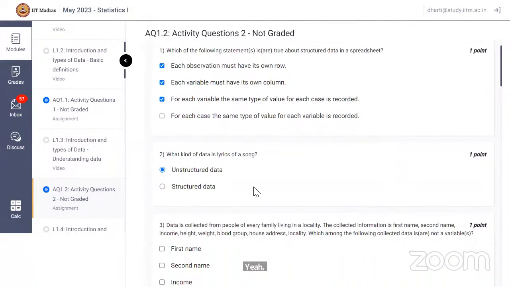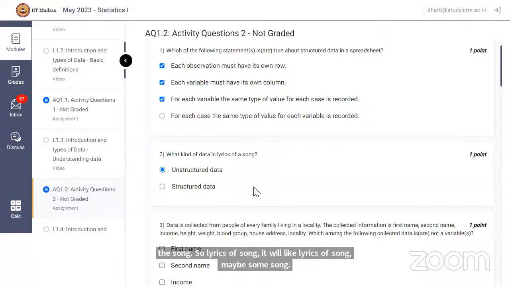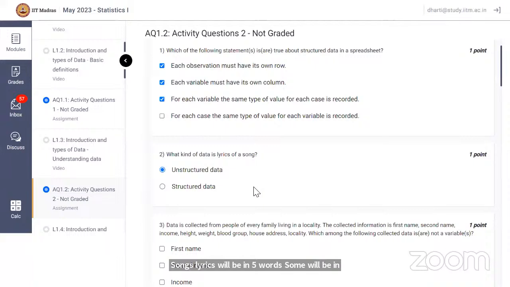Question number 2: what kind of data are lyrics of a song? Maybe some songs' lyrics will be 5 words, some will be 6, some will be 10. So it is completely unstructured, that's why it is unstructured data. It does not have any measure, like height and weight.